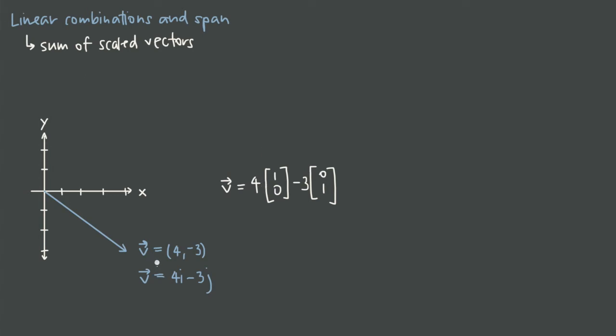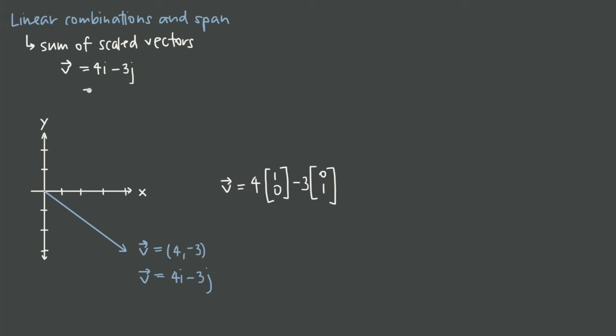So given our example down here, where we said that v was equal to 4 times the vector i minus 3 times the vector j, that's a linear combination because we're scaling i and j by these constant scalars, 4 and -3, and we're adding those together.